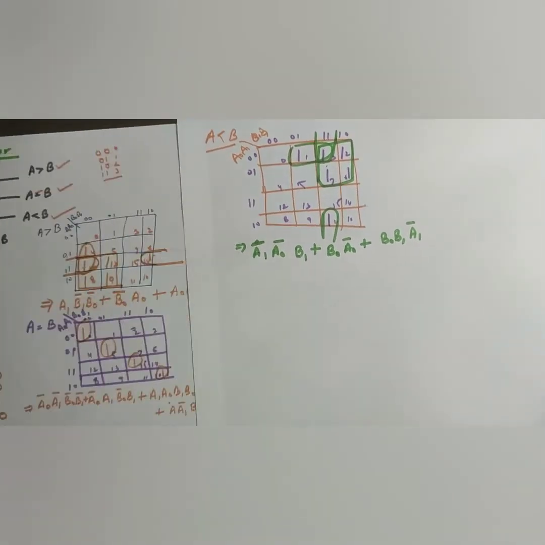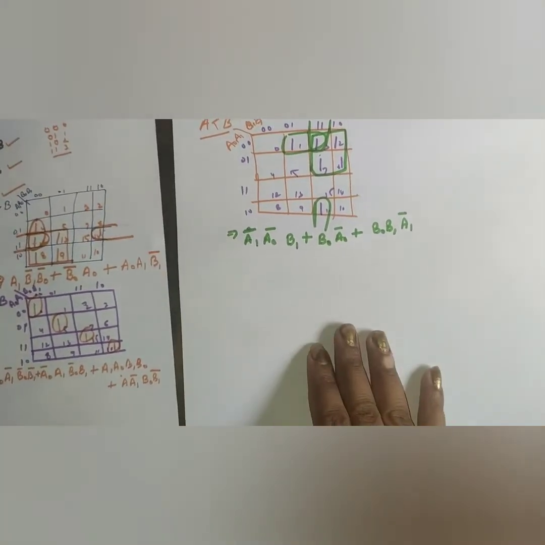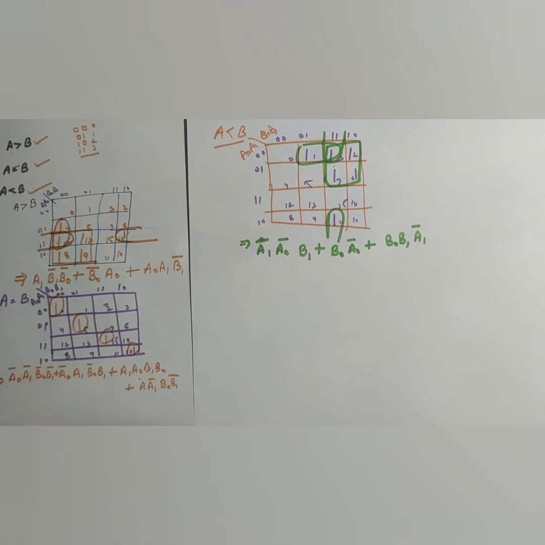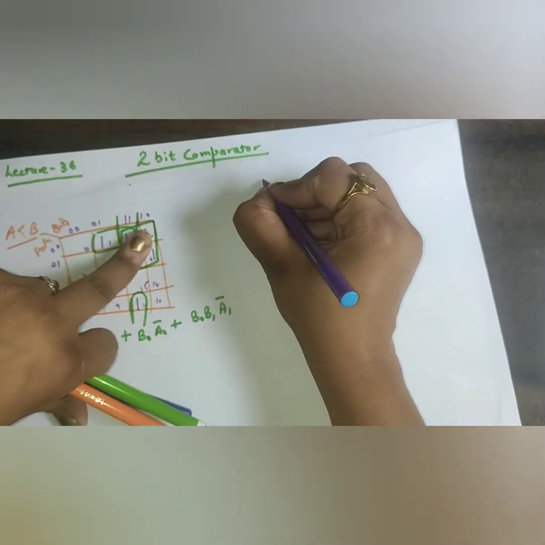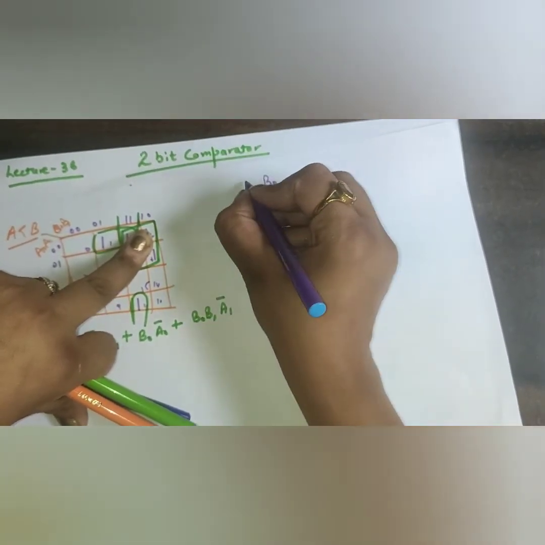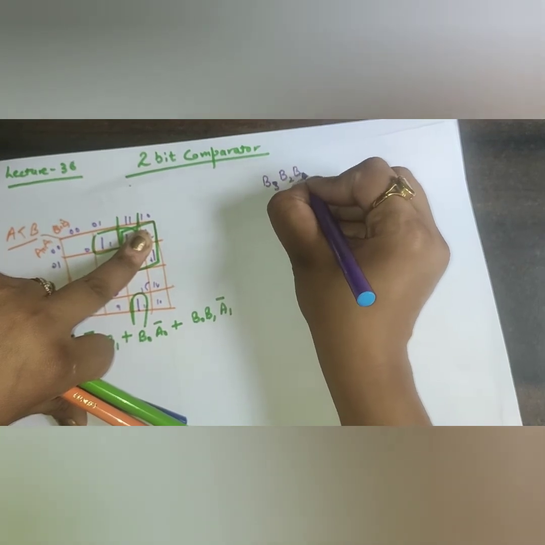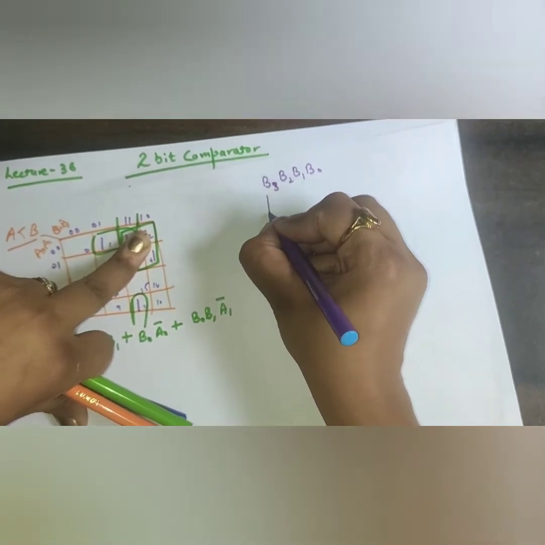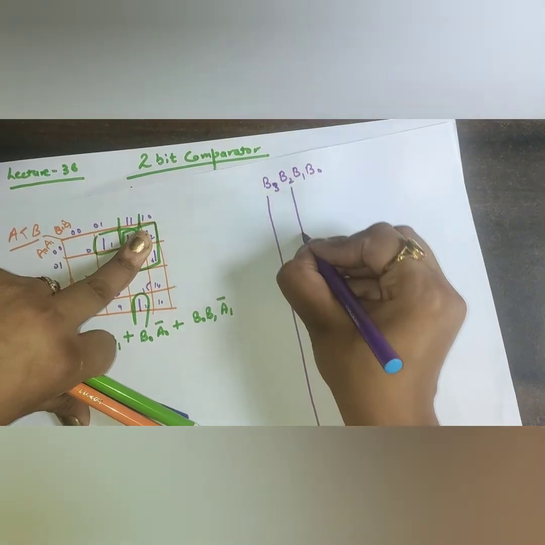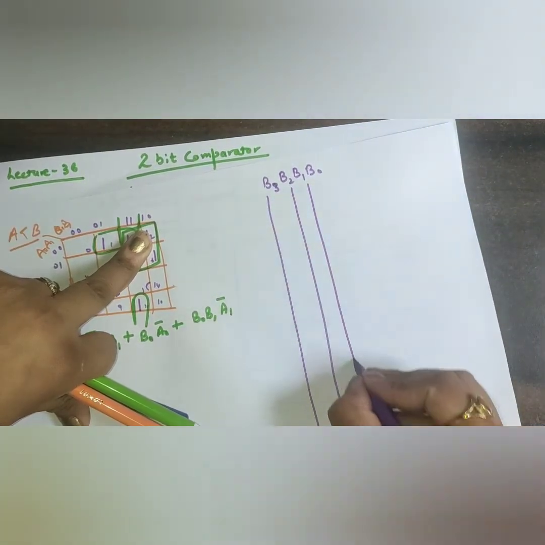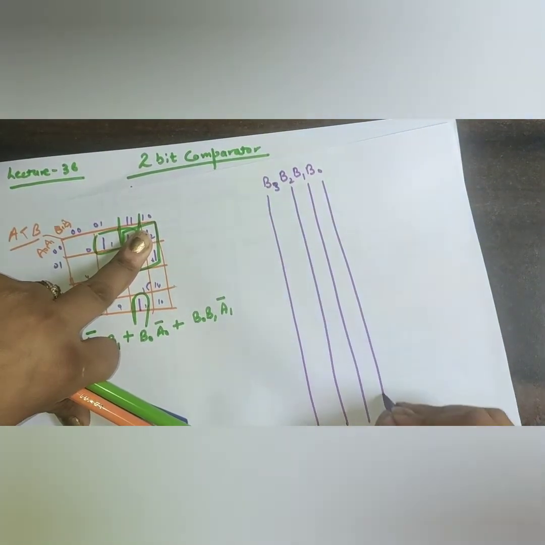So how can we make the circuit diagram from this? You can make the circuit diagram like B3, B2, B1, B0. These are 4 inputs. Okay, just pay attention till the last.